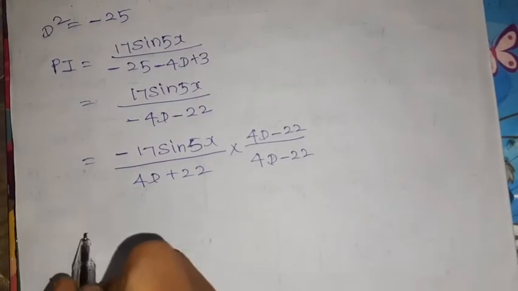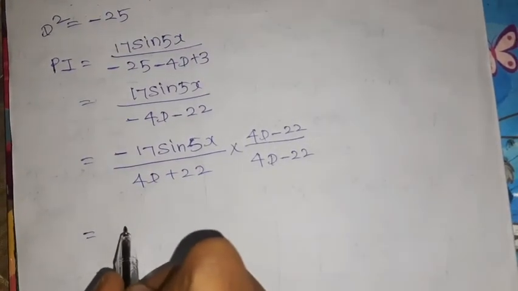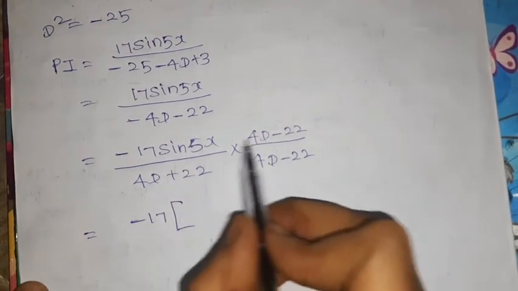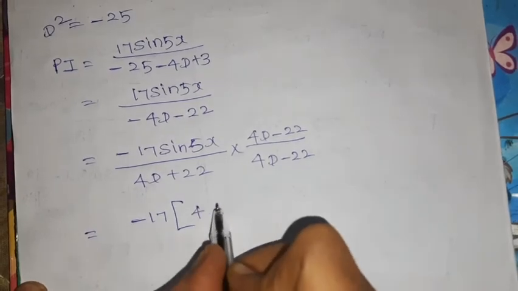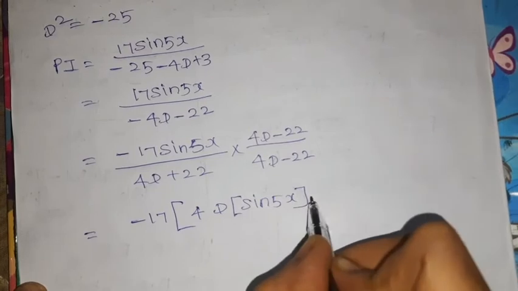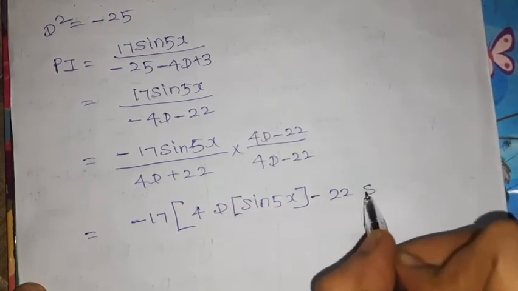Then minus 17 stays outside, as it is a constant. Multiply 4 into the differentiation of sin 5x, minus 22 sin 5x.